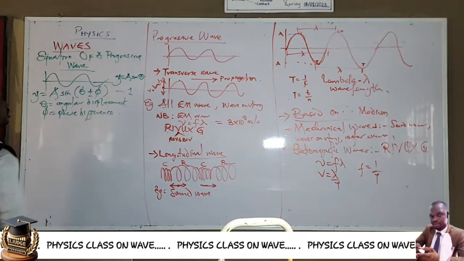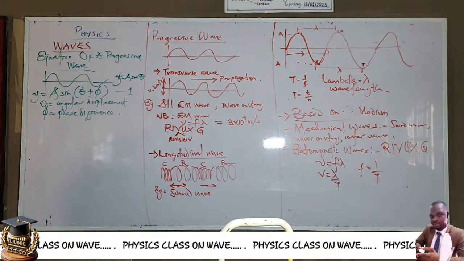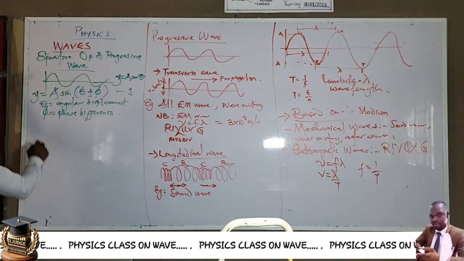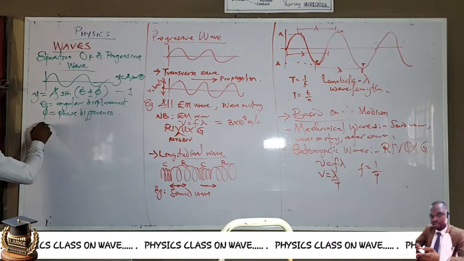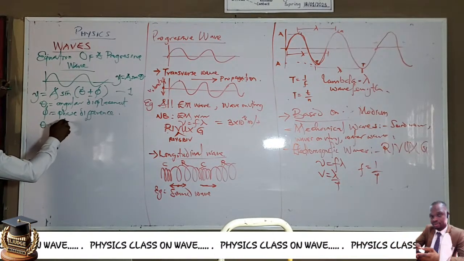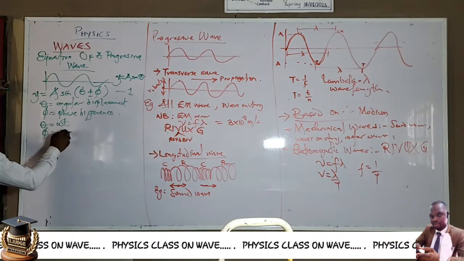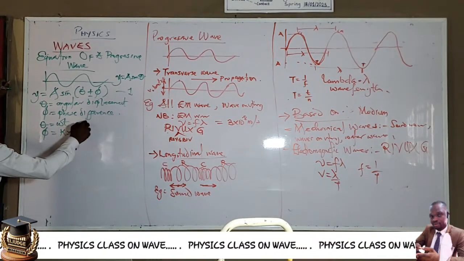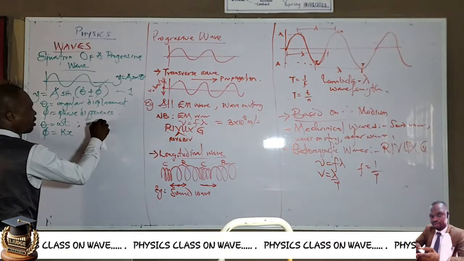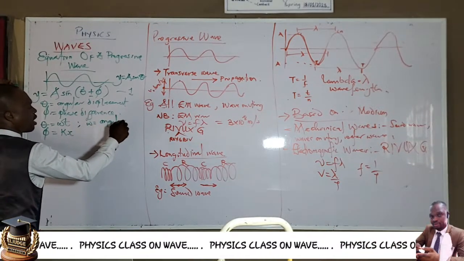Let's call this equation 1. For this equation 1, let's look at theta equals omega t, and phi equals kx. Omega is the angular velocity. We already know this.